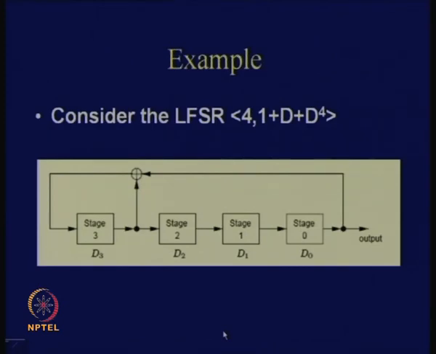We can consider a very simple example: a 4 stage LFSR for which the connection polynomial is 1 plus d to the power 4. The moment I say d, that means this particular tap is connected, and the rest are not connected. You can take this polynomial and try to see how the sequences work.